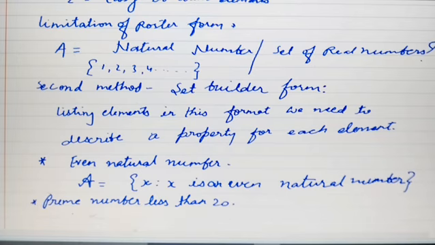As P is equal to {x such that x is prime and x is less than 20}. So it's done. There is no need to write all the prime numbers that are less than 20. You can just state in one line that x such that x is a prime and x is less than 20.